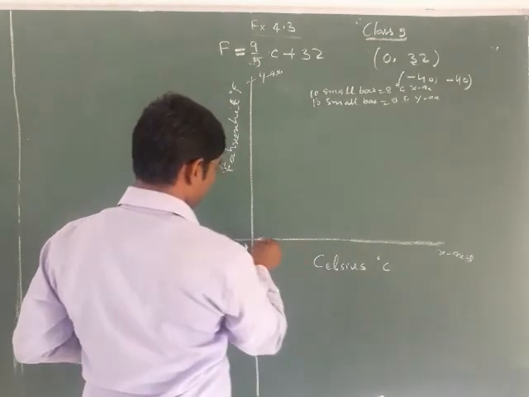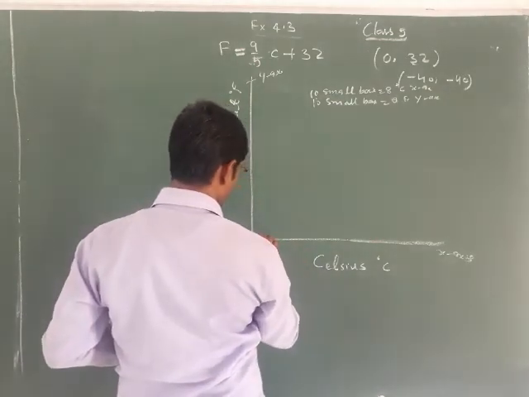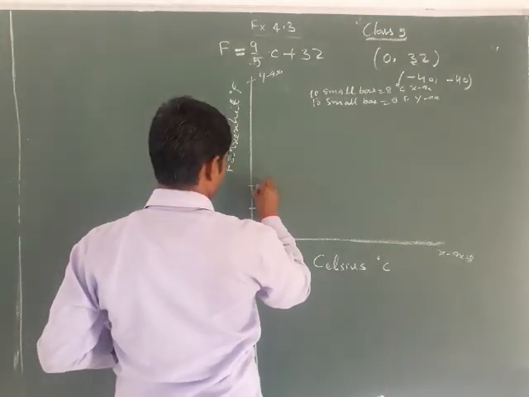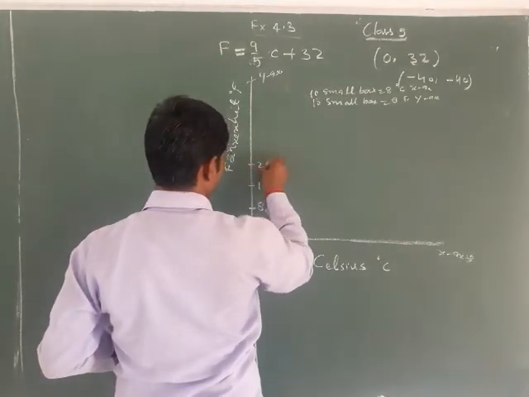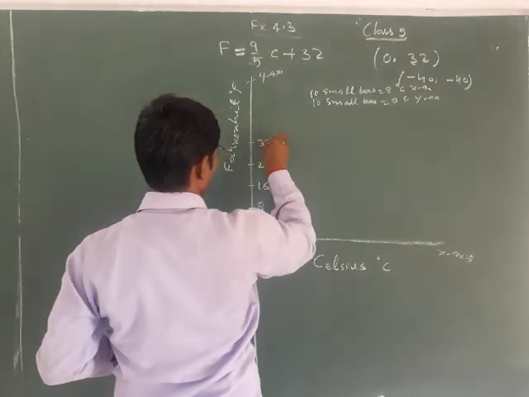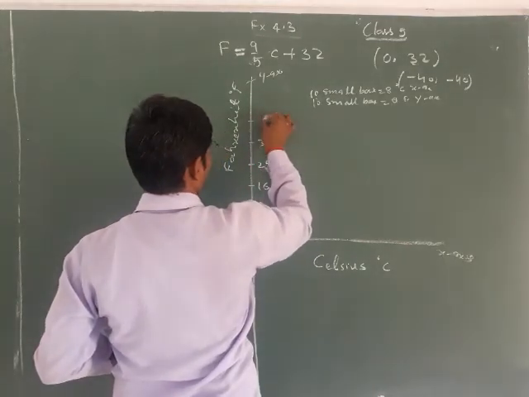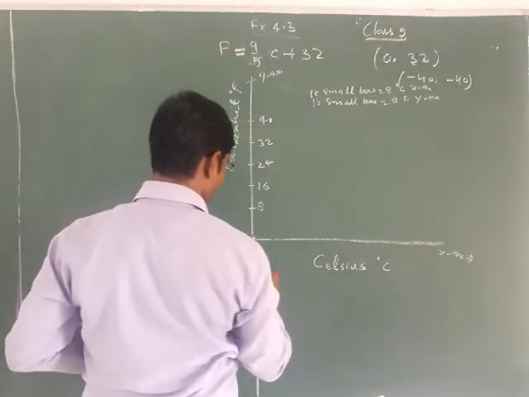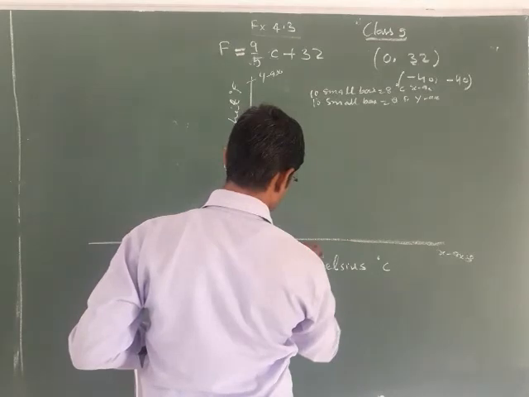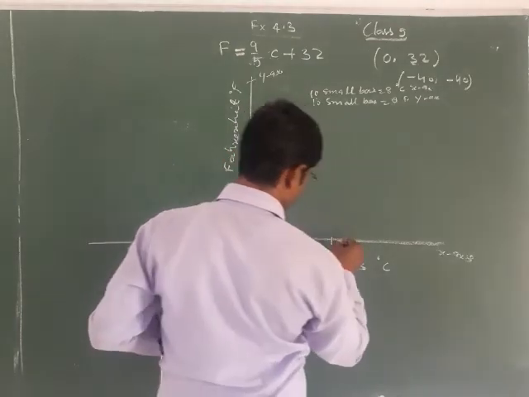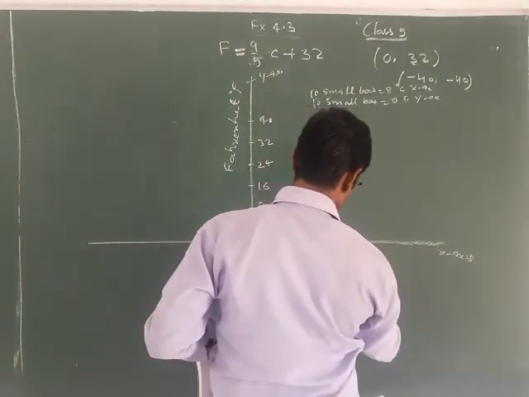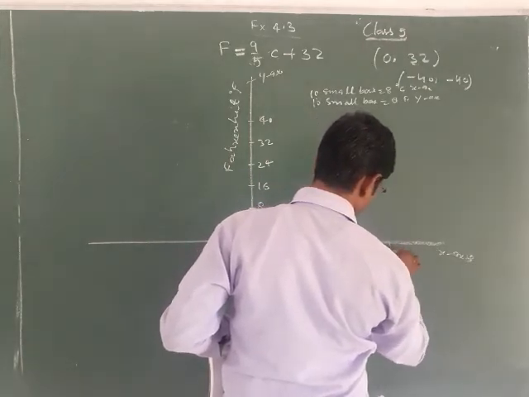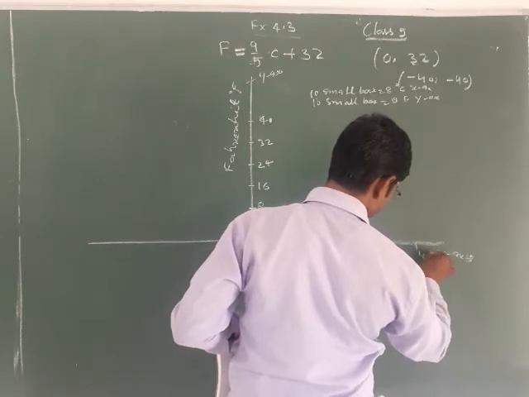So now this is 0, 0, so this is 8, 16, 24, 32, 40, and also this is 8, 16, 24, 32, 40, this is 48.